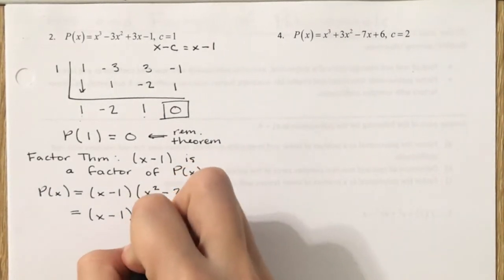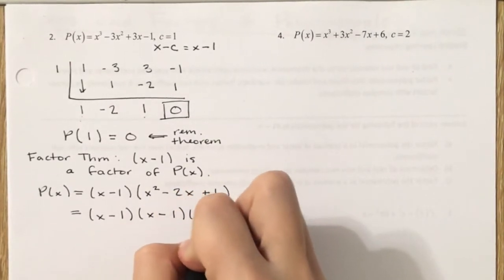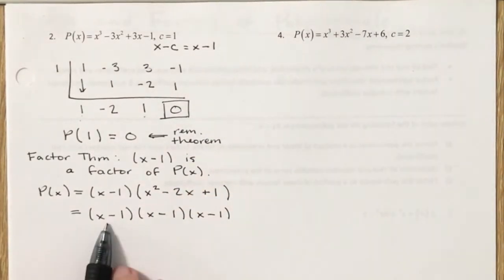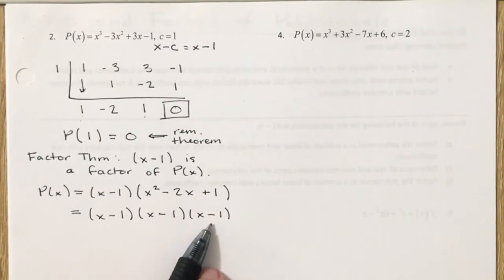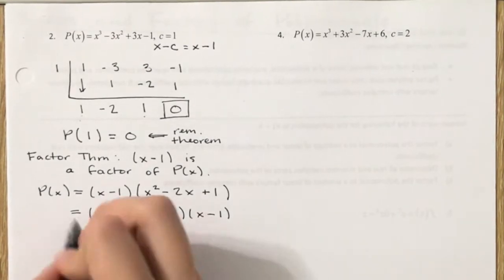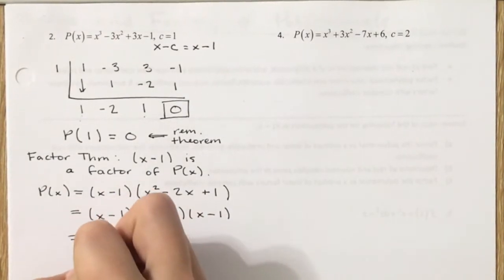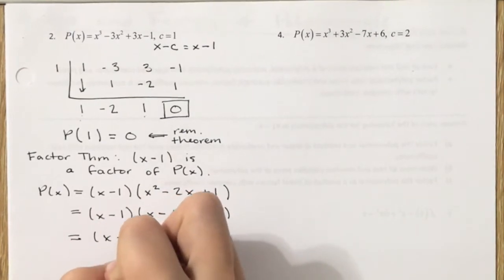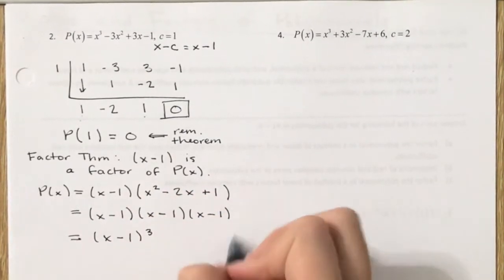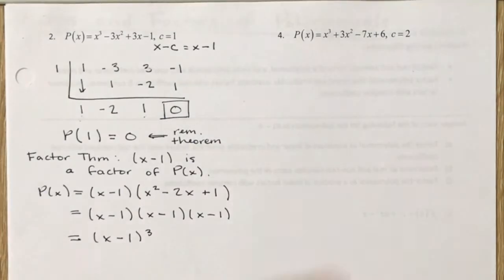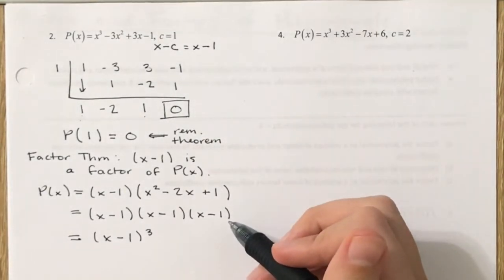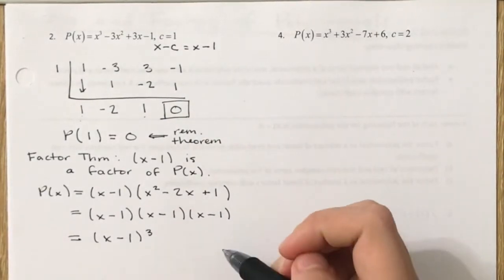That's -1 and -1. So these are all of the factors of p of x. We can also, if we wanted to, rewrite this as x minus 1 cubed. These are the same, either of these would be correct. We've factored the polynomial completely, these are all of the factors.